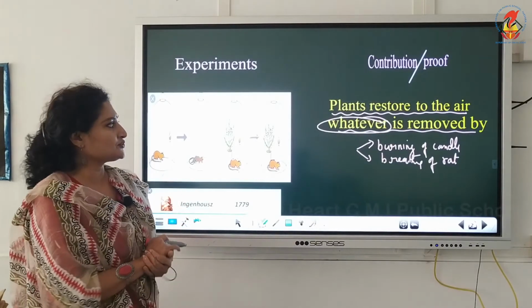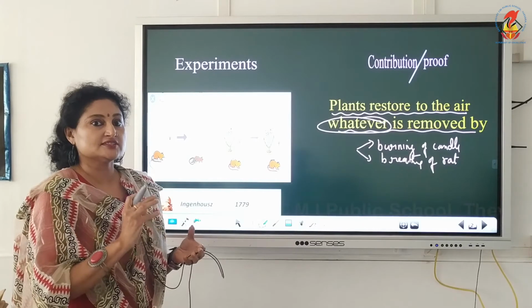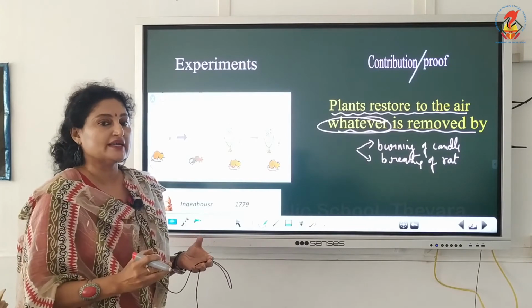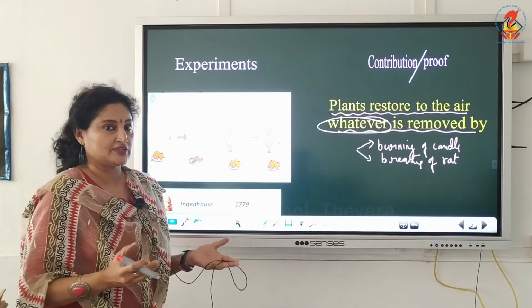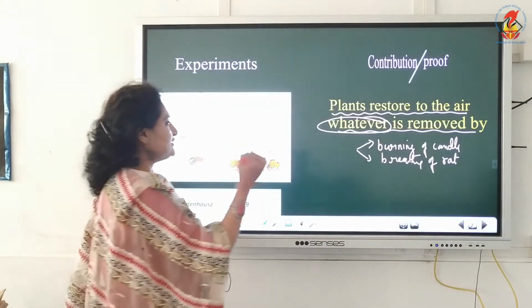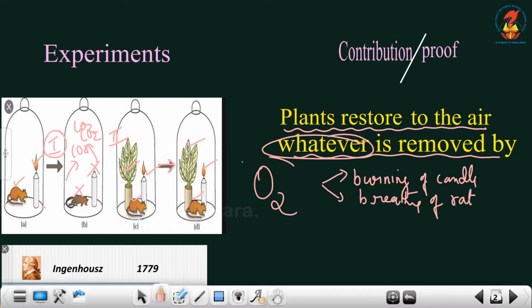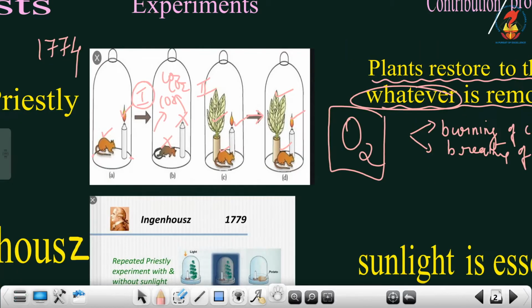So he was the first to identify that the plants restore something that is removed by the burning candle and the breathing of an animal. And later he himself discovered that what was evolved during photosynthesis is a gas called oxygen. That was in his later experiments; this was a very early experiment of his.